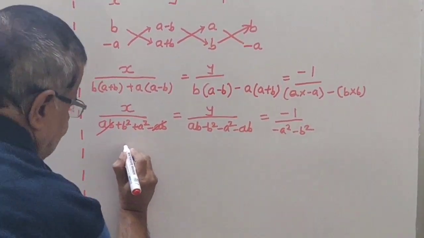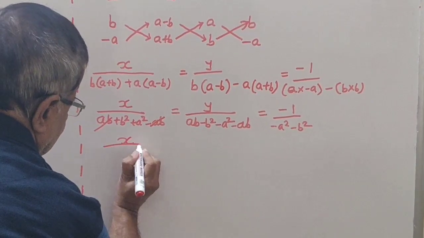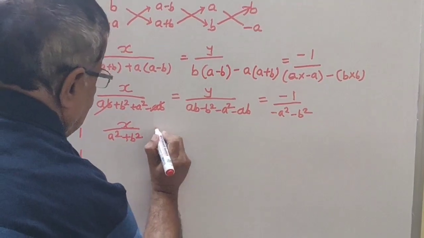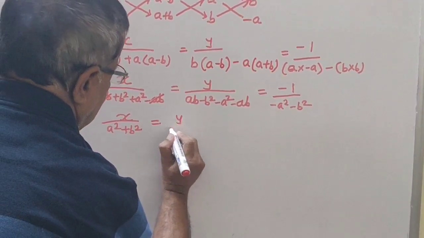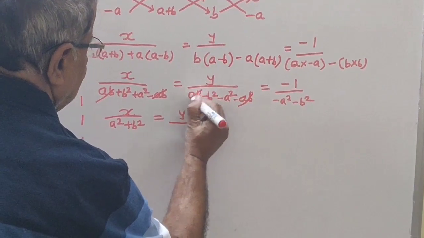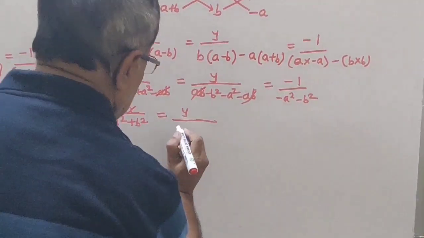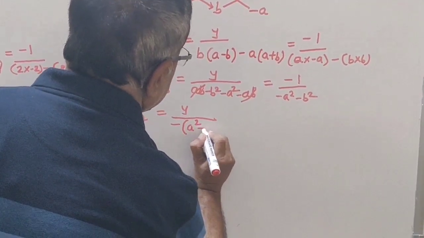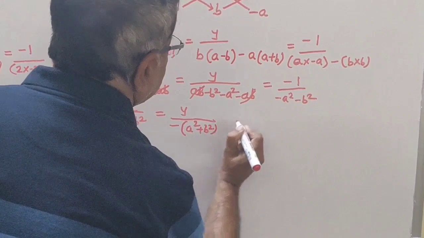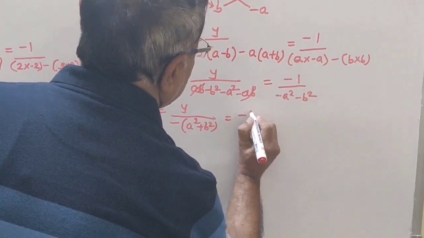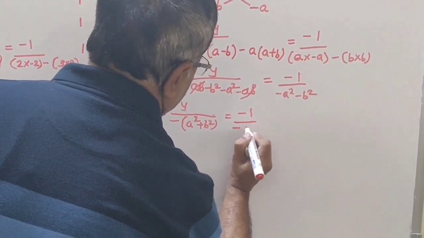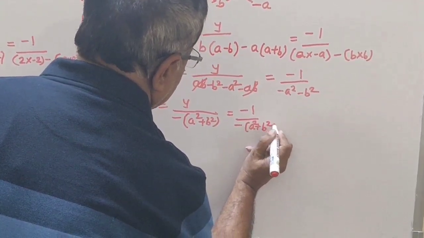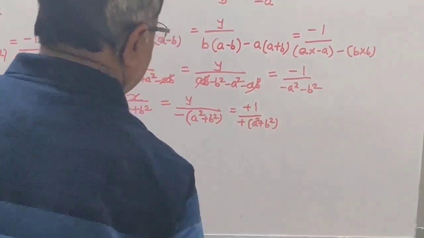My answer x upon will come to be a square plus b square. y upon what will come here? Here also ab gets cancelled, but here both the terms are minus, so I will take out the minus sign. So I will get a square plus b square inside the bracket. Now in minus 1 also I will take out the common minus sign. So I will get a square plus b square. This minus sign will go with this.